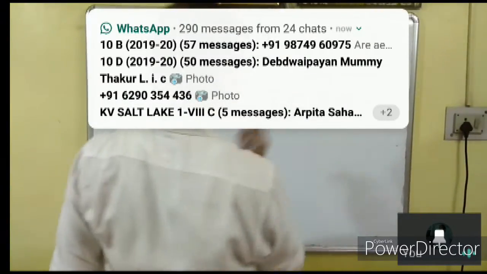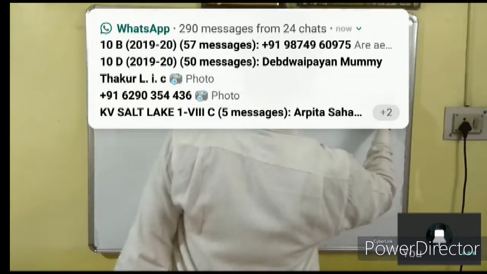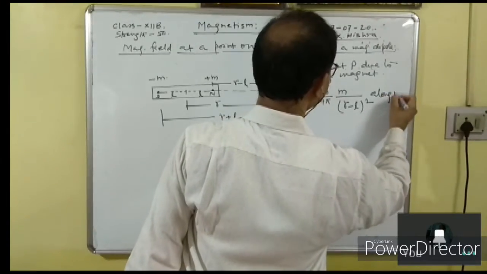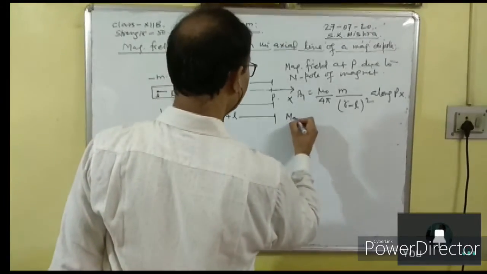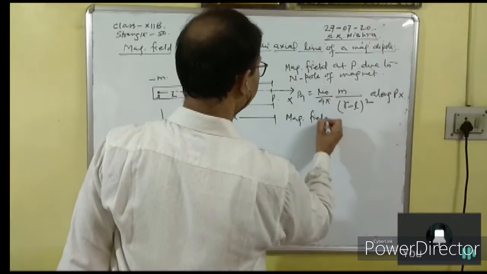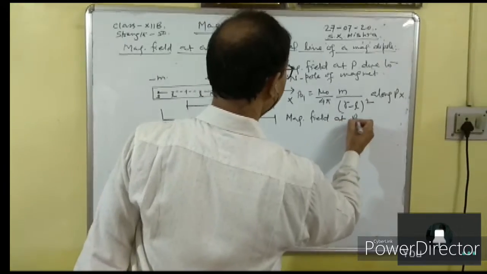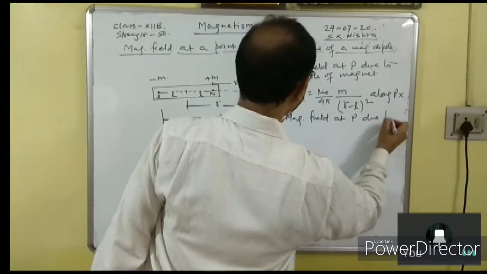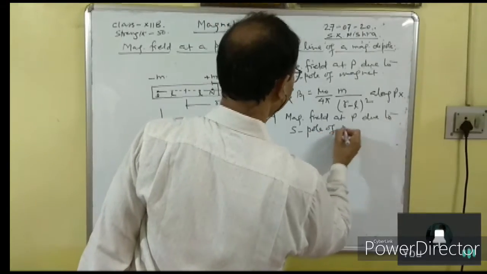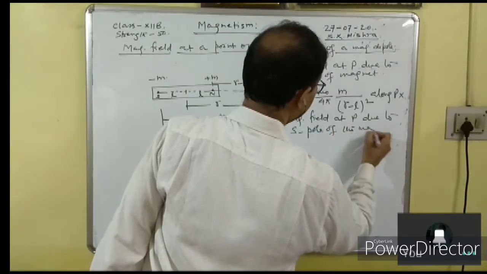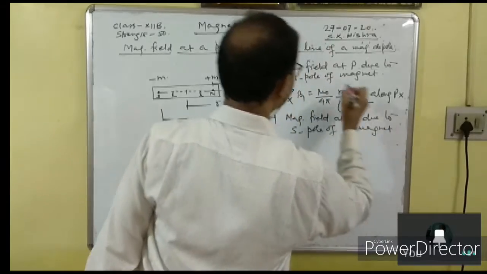Okay. In electrostatics, we are talking about the center of charge. And here we are talking about the center of magnetic poles, similar to center of mass: center of north poles, center of south poles, because north and south poles are not a point, it's a region. So there must be a center.